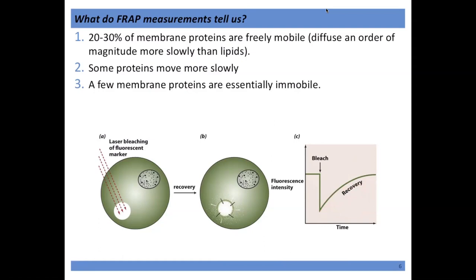So like I said here, you can use this experiment to look at the mobility of lipids or of proteins. If you wanted to label a specific protein and it was found dispersed throughout the entire membrane, and then you photobleached, you could see how fast it moves or even if it does move. Like I said, this FRAP experiment can tell you the mobility of proteins as well as lipids.